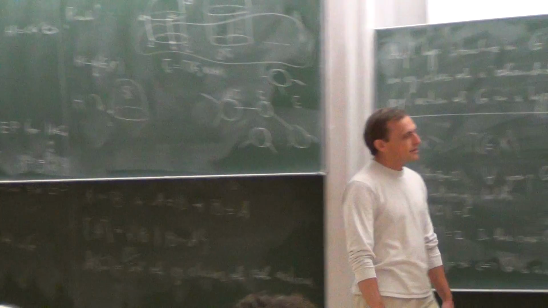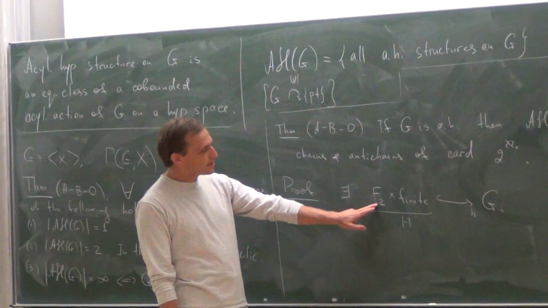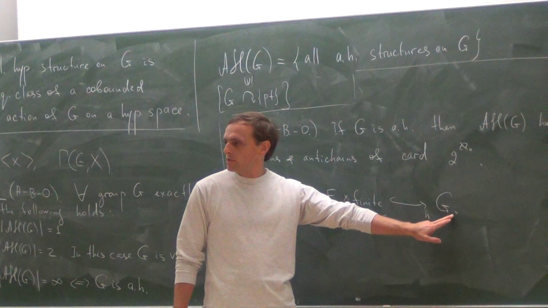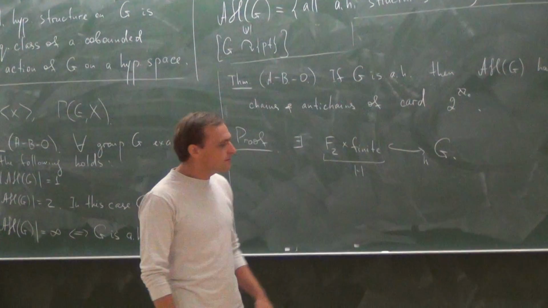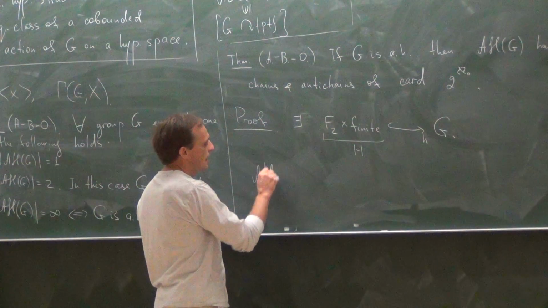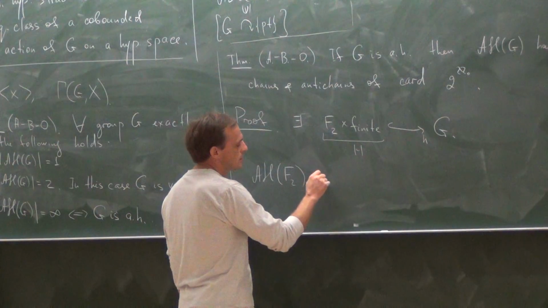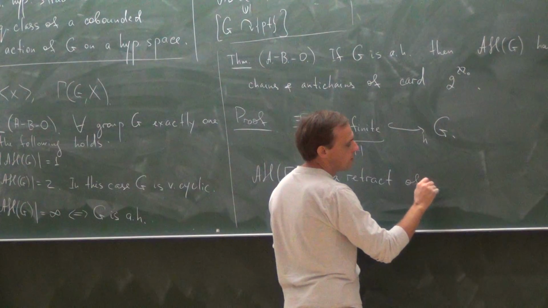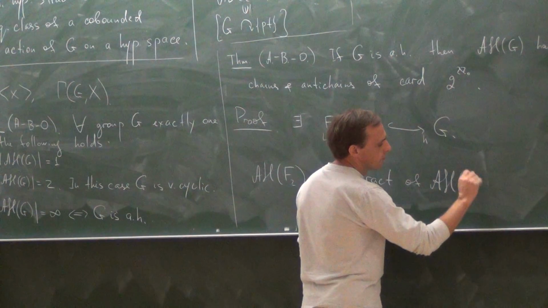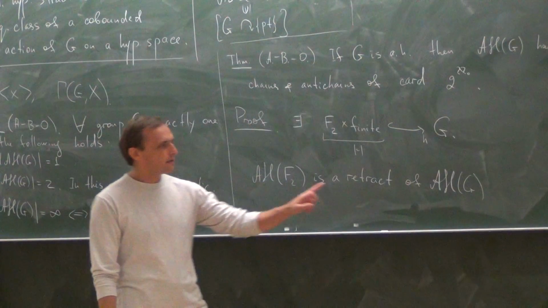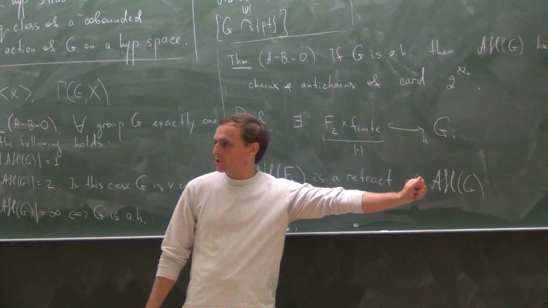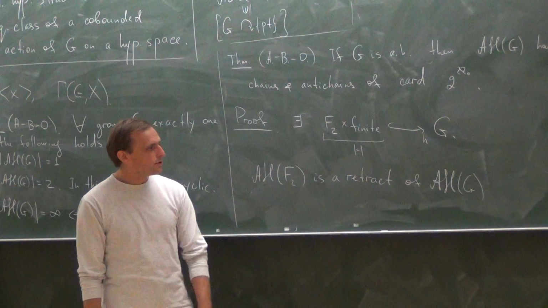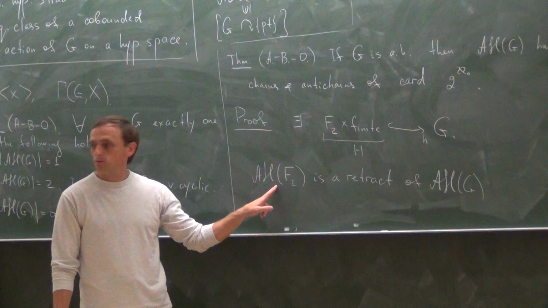So this means that every acylindrically hyperbolic structure on H can be lifted to an acylindrically hyperbolic structure on G. So what it gives us is that AH(F2) is a retract of AH(G). The embedding is given by the induced action, and the restriction functor gives you a retraction.